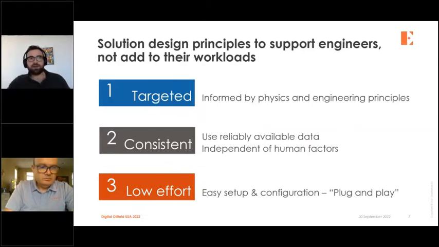We like to target our tools towards specific, in the context of hazard prevention, risk indicators, which are linked to something physical. So for example, in the context of stuck pipe, what is a stuck pipe? It's where you can't move a pipe, right?